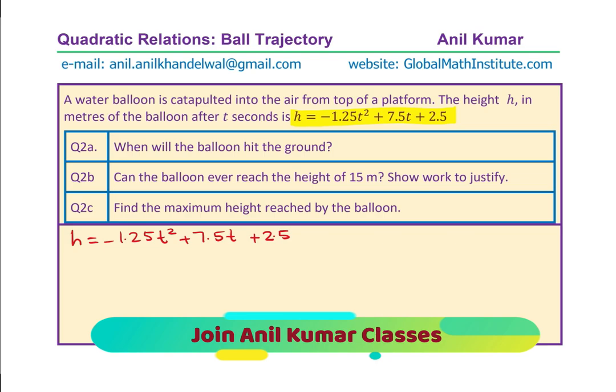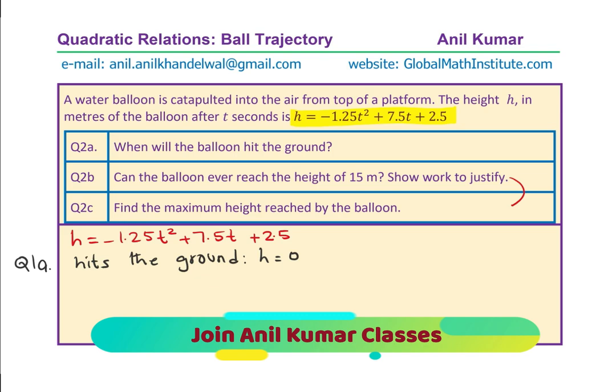Now, these two questions relate to completing the square, right? The first one is when the balloon hits the ground. So let's answer question 1a now. Hits the ground means what? Hits the ground means height becomes equal to 0 because the height is measured from the ground.